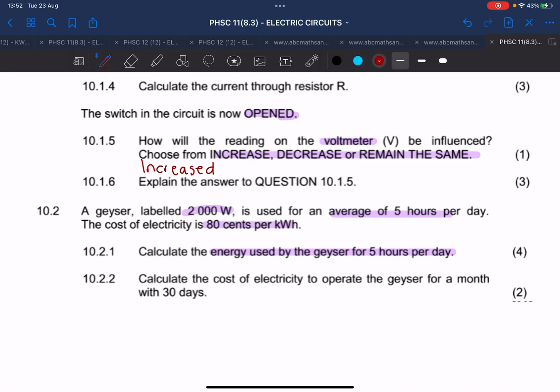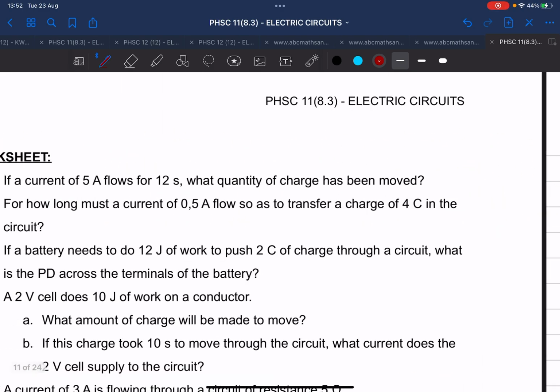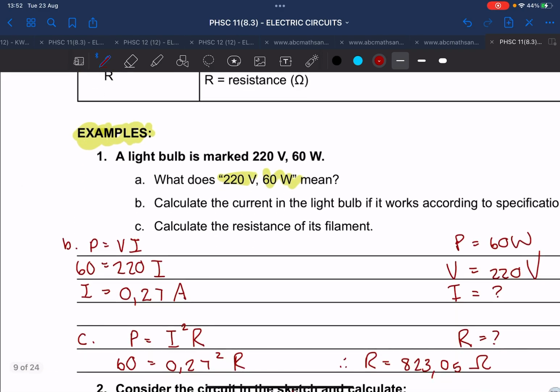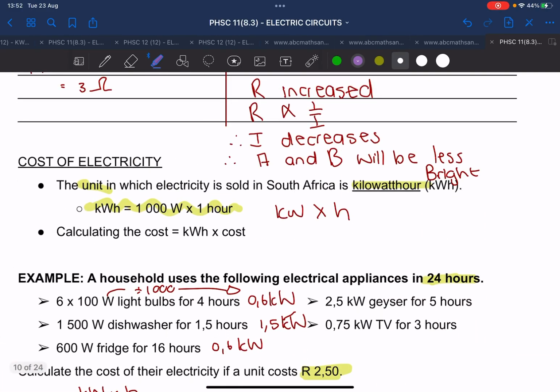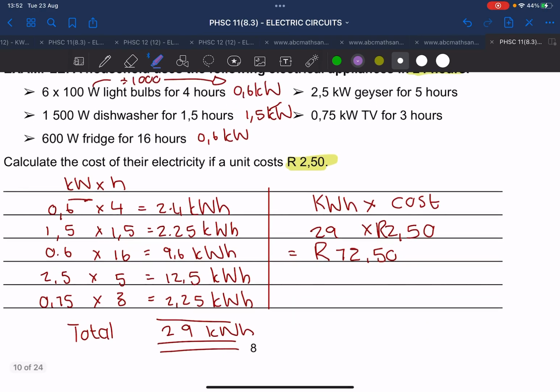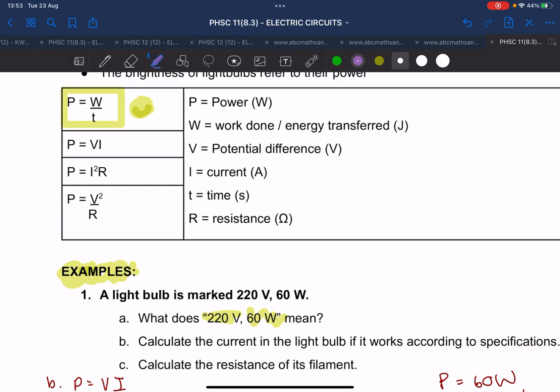Energy is the same as what? Work, sorry.